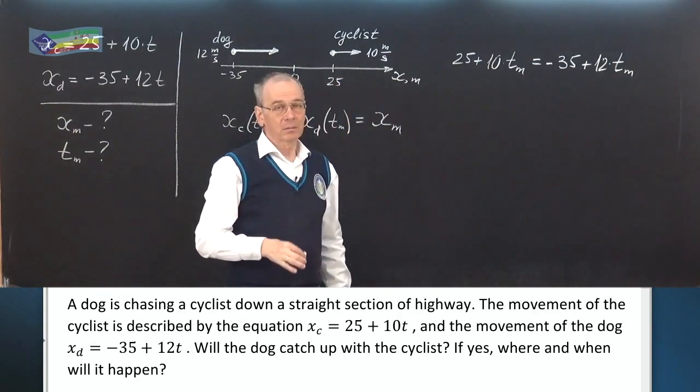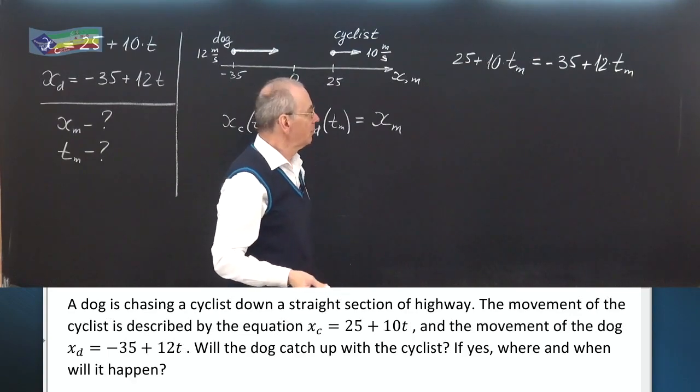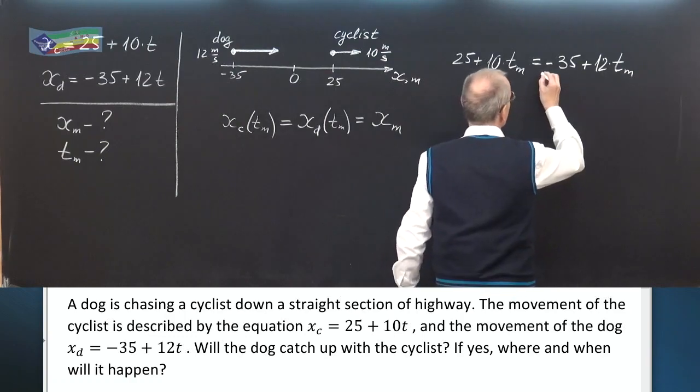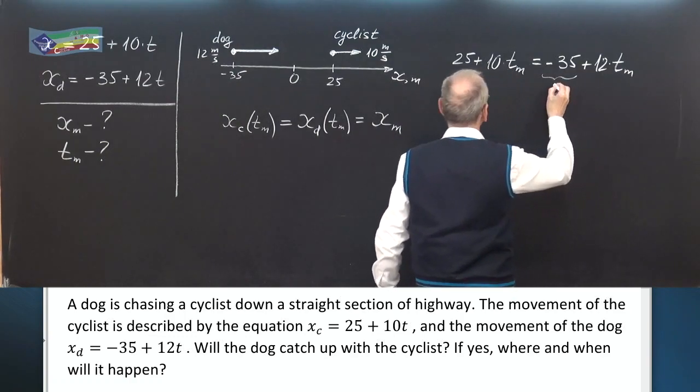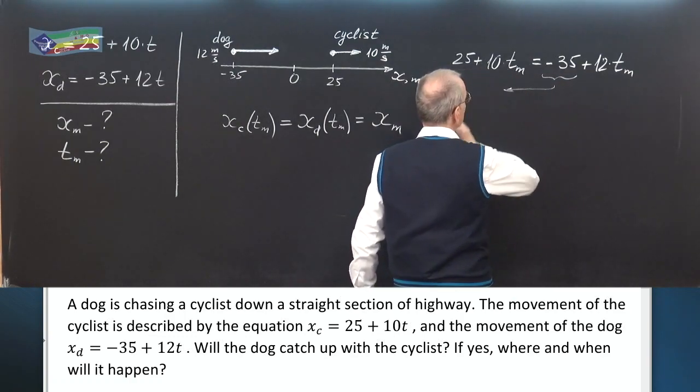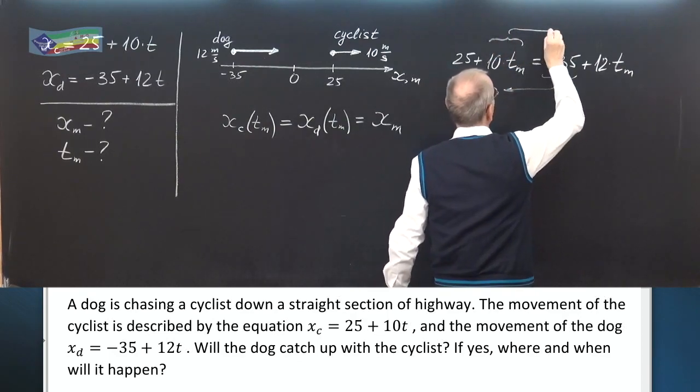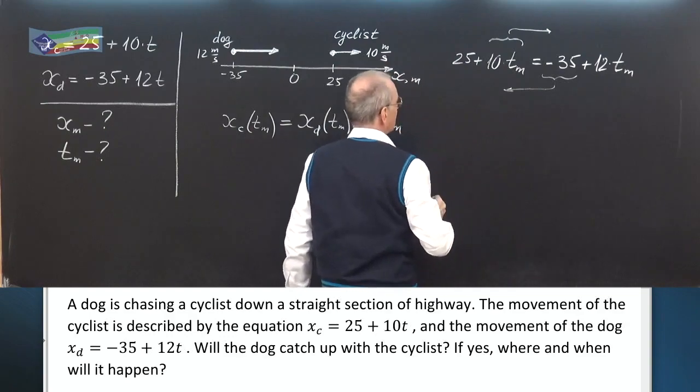One equation with one unknown value. So let's solve this equation. Move minus 35 left and move 10 times tm to the right side of the equation.